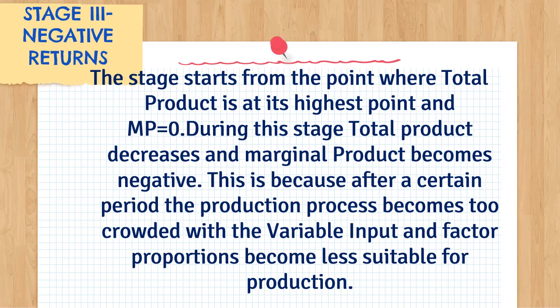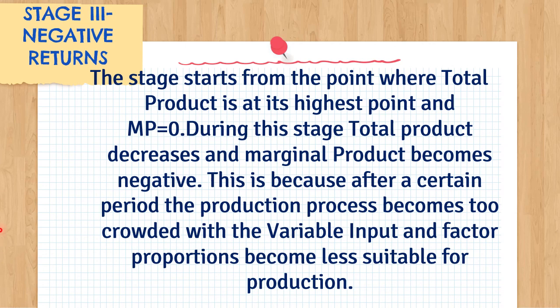Let's move on to the third stage, which is the stage of negative returns. The stage starts from the point where total product is at its highest point and MP is 0. During this stage, total product decreases and marginal product becomes negative. This is because after a certain period, the production process becomes too crowded with the variable input, and factor proportions become less suitable for production.